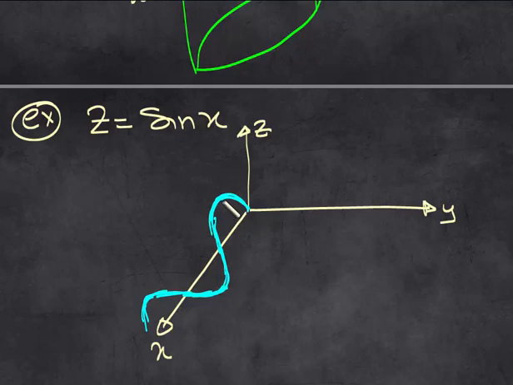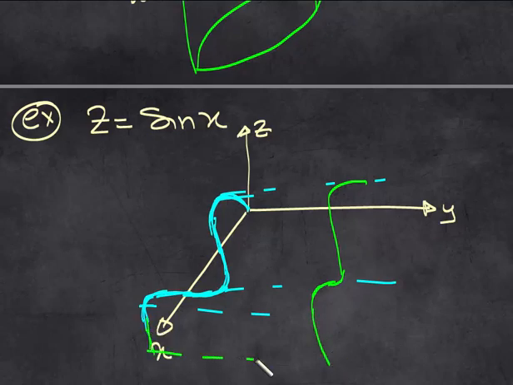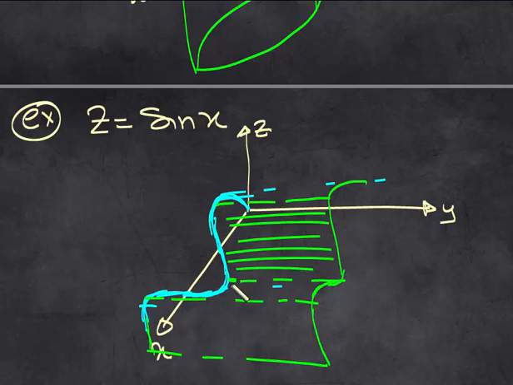We're going to extend it in the y direction. So you'd end up with shapes like this. It looks like a rolling sheet of paper.